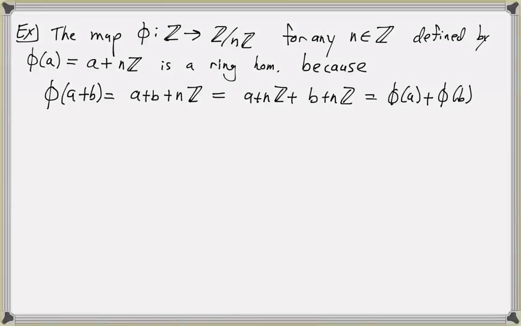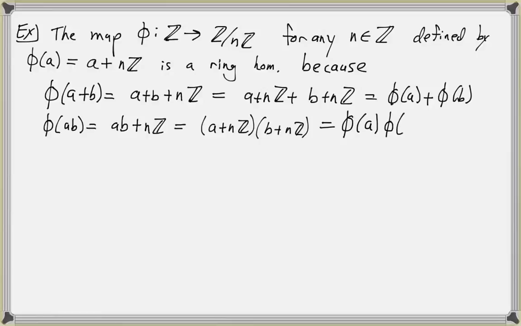So this map preserves additive structure, and likewise it preserves multiplicative structure, because phi of a times b would be a times b plus nZ. And as we define multiplication of cosets, this equals a plus nZ times b plus nZ, or phi of a times phi of b. So we have phi is a ring homomorphism, and this is a very common homomorphism that just maps every integer to its residue mod n.